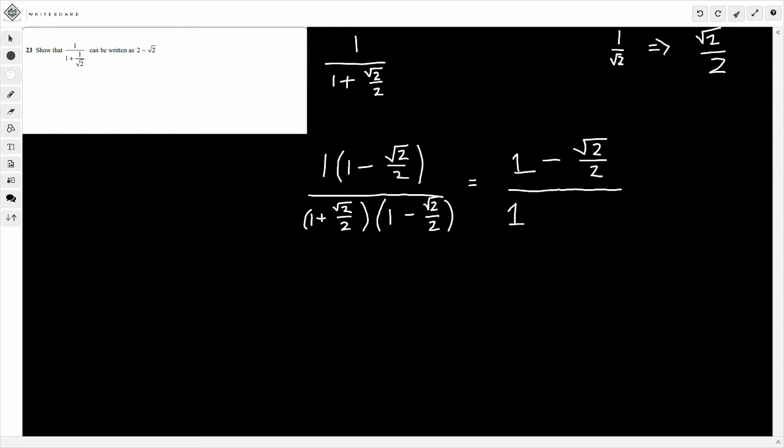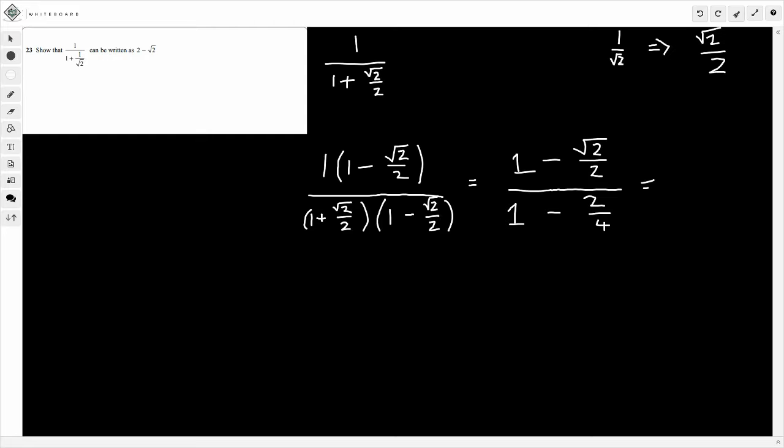Remember, when you times the surds together, root 2 times root 2 becomes 2. So root 2 times negative root 2 is minus 2, divided by 2 times 2, so minus 4. So I've got 1 minus a half here, 2 divided by 4.